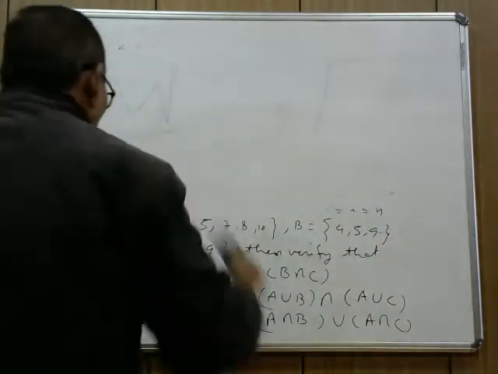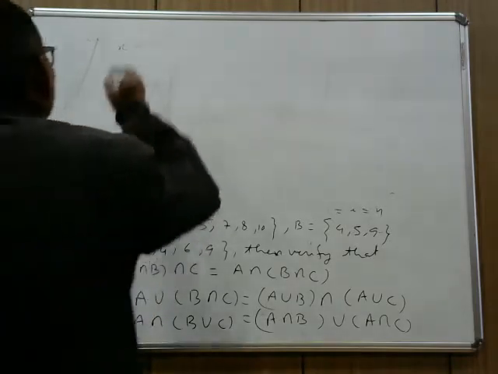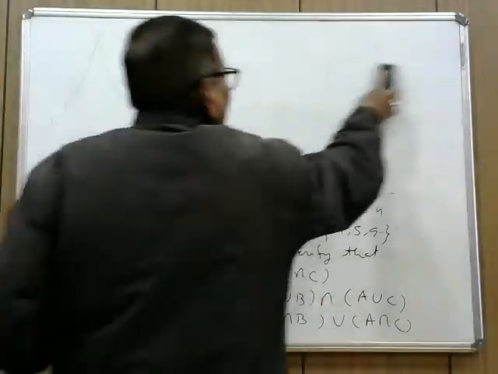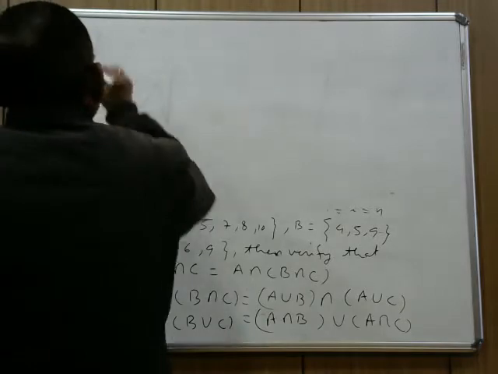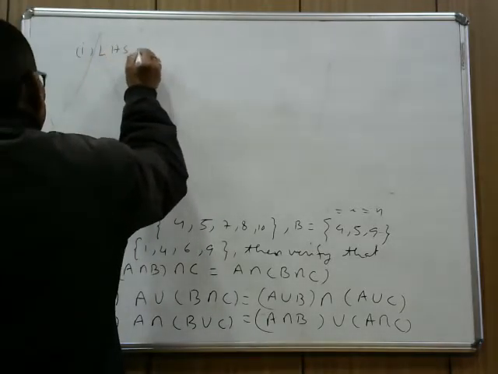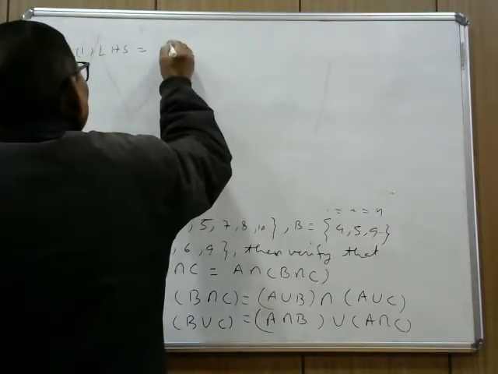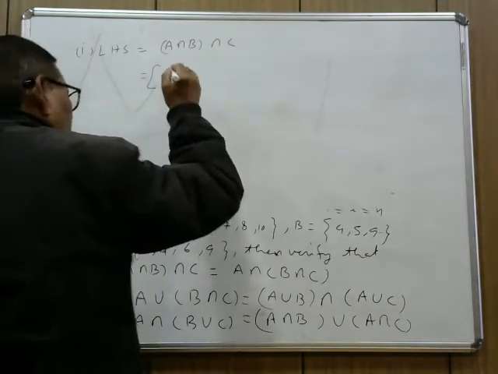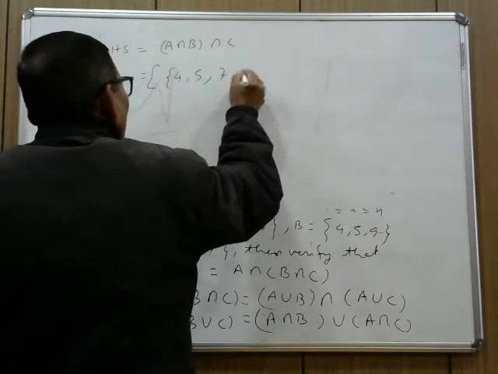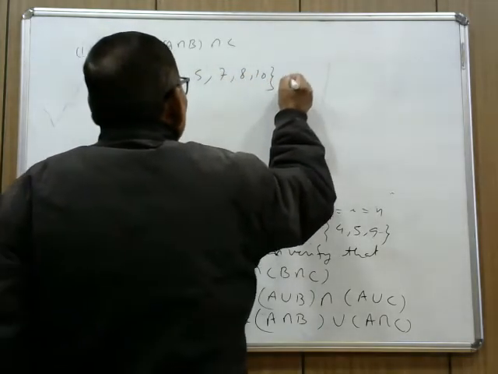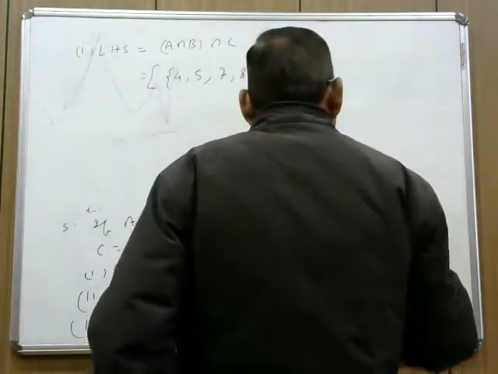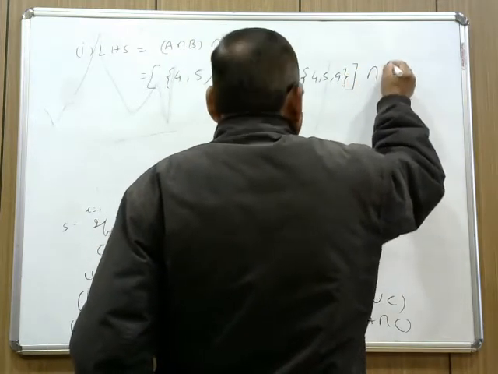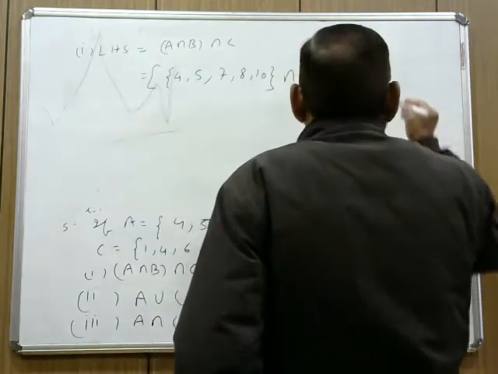First, your LHS equals A intersection B intersection C. That is, your set A is 4, 5, 7, 8, 10, intersection B is 4, 5, 9, then intersection C, 1, 4, 6, 9.